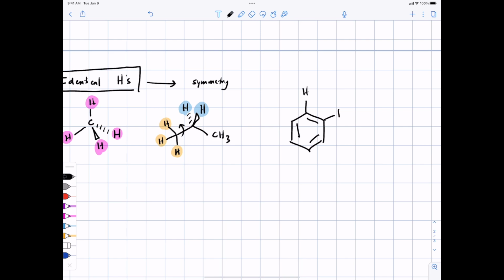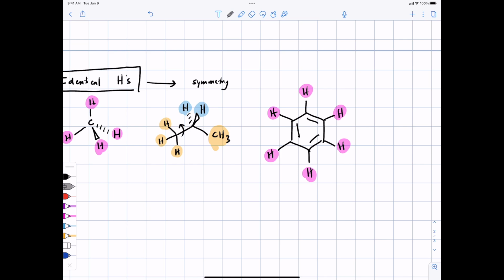How many different kinds of protons are present in benzene? Who says 7? Somebody say 7? No? Okay. Well, what is it? Just 1. And there are multiple ways you can see, there are multiple planes of symmetry here.